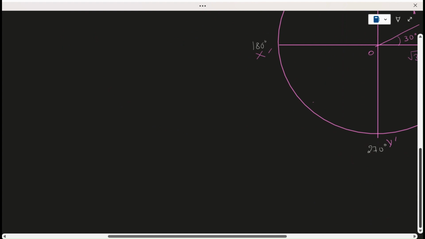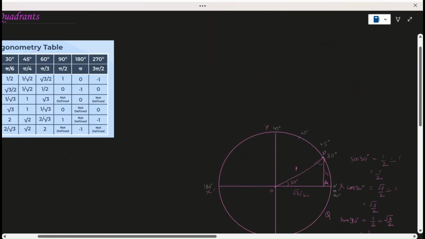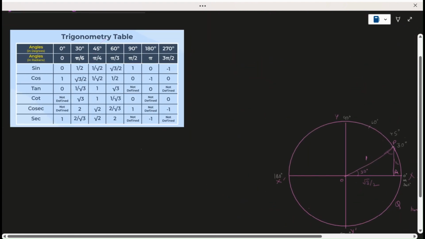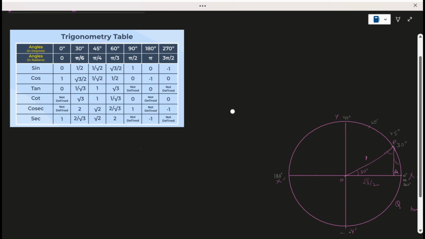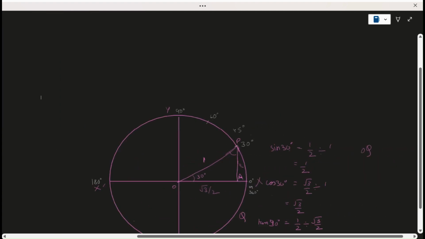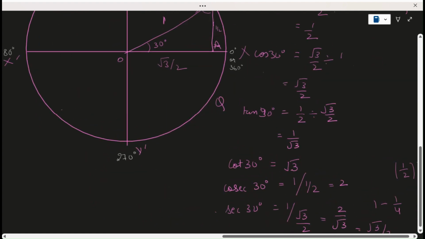Let us verify in the table. For 30 degree, we have 1 by 2, cos is under root 3 by 2, tan again is 1 by under root 3, cot under root 3, cosecant 2, and secant 30 degree is 2 by root 3. So we have the values for 30 degree.